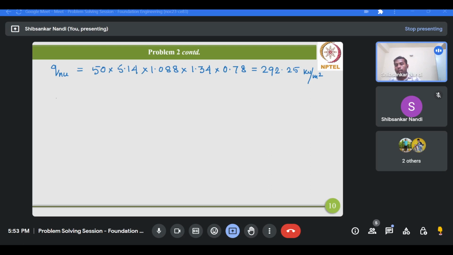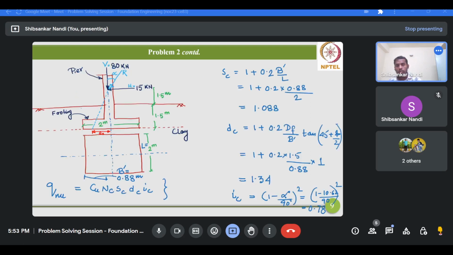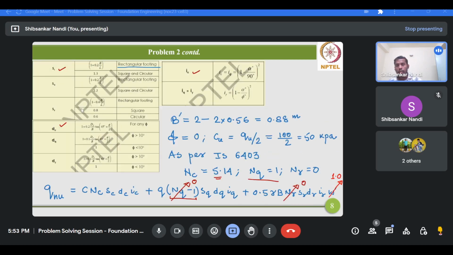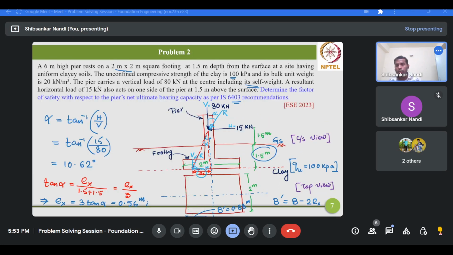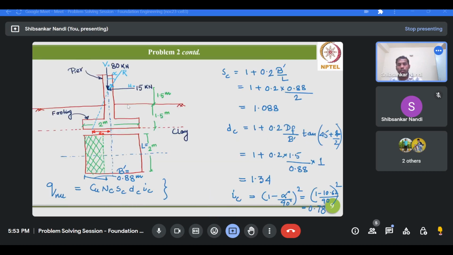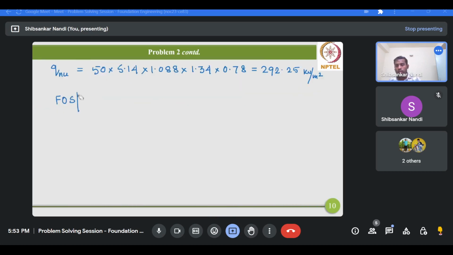Now to determine the factor of safety against bearing, so against the net ultimate bearing capacity, it will be simply QNU divided by the applied load in the vertical direction.